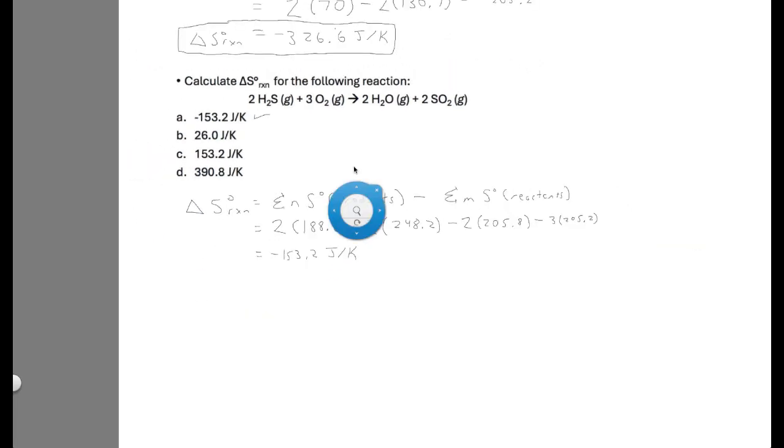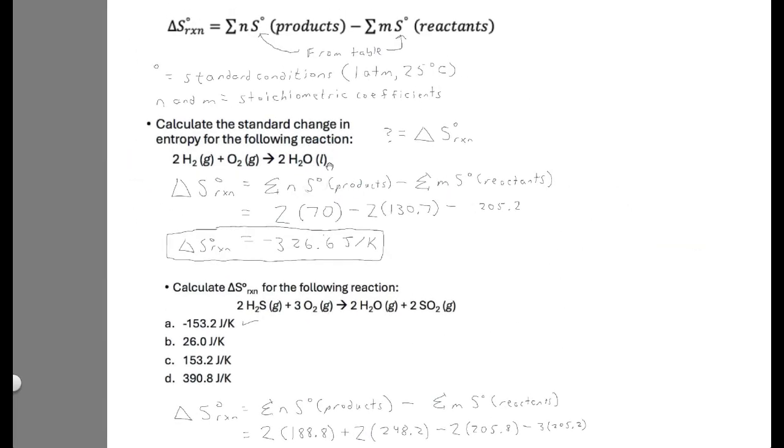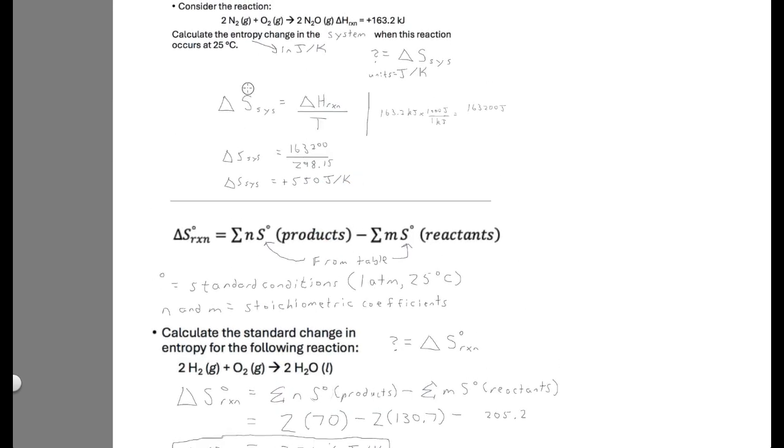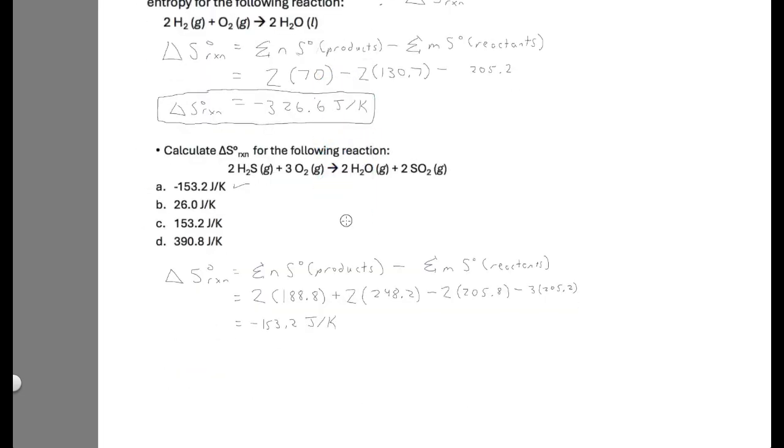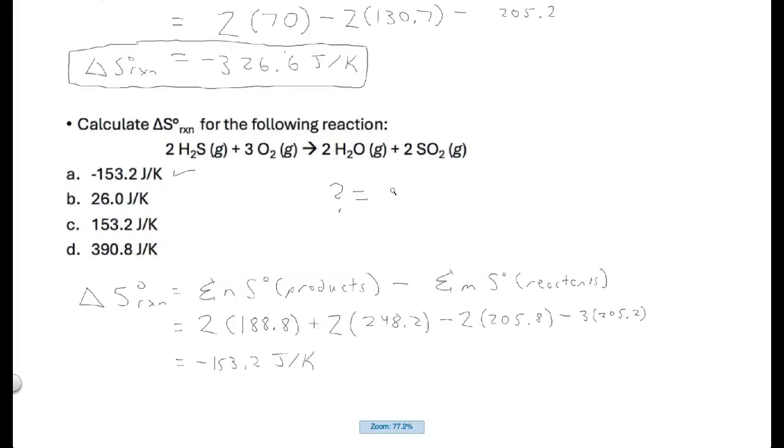All right, remember again, there are two different types of entropy problems. Another type of entropy problem is when we use this equation. But we didn't use this equation for this problem because they didn't mention enthalpy. They only mentioned entropy. Let's be systematic here and write down a symbol for what the question was asking us. What would be a good symbol for what this last question was asking us?